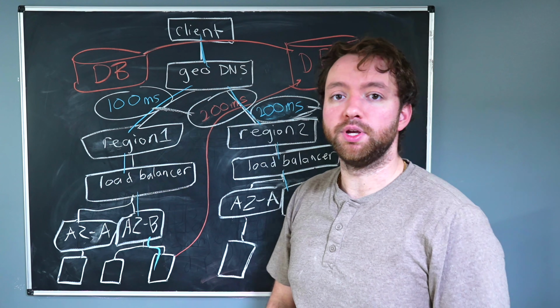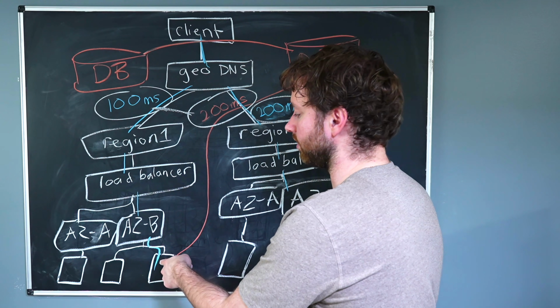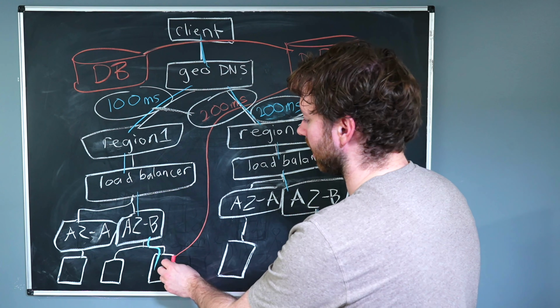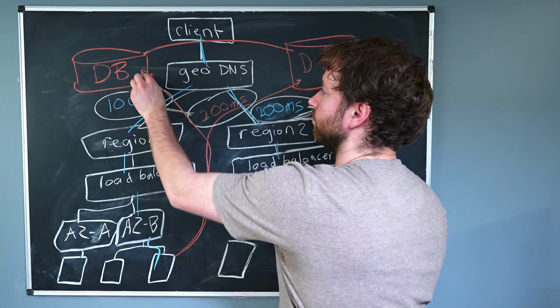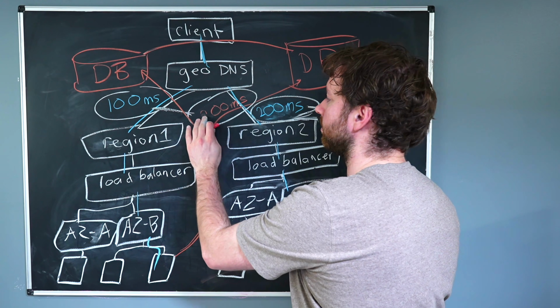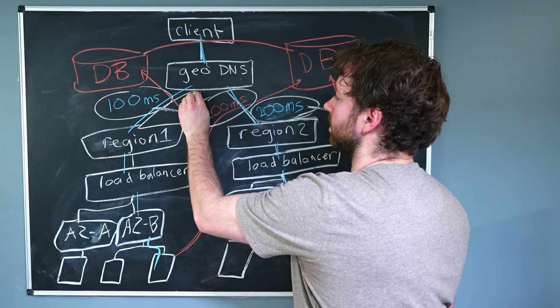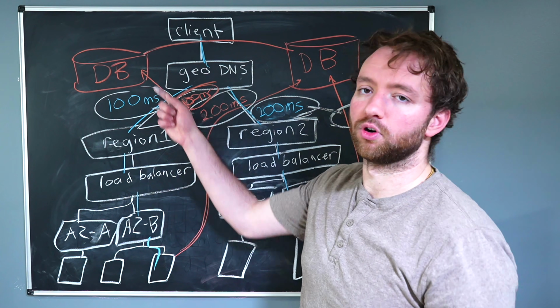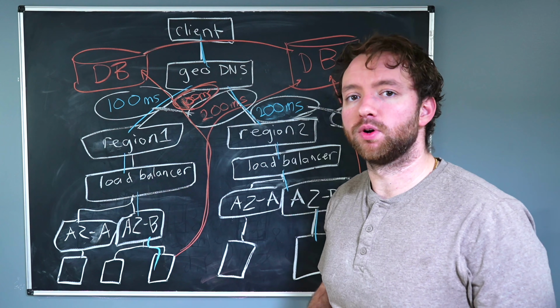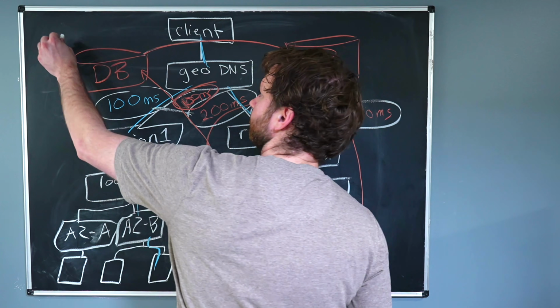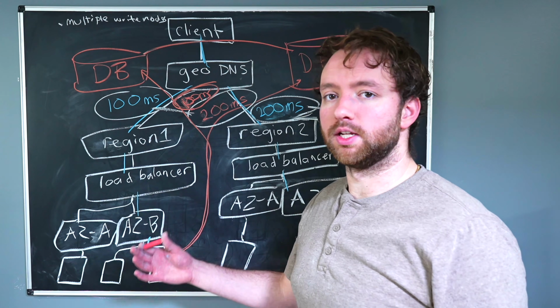This could potentially be much closer to this server. So instead of directing the traffic up that way, we could direct it up this way, reducing that latency from 200 to, let's say, 100, improving the overall performance for that request. That's one potential fix. So I'll just write these up here. So having multiple write nodes in your database.